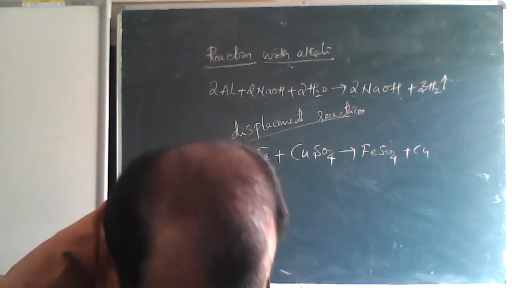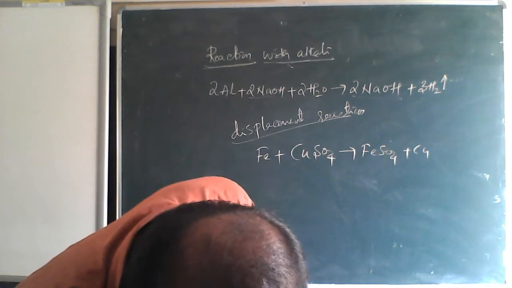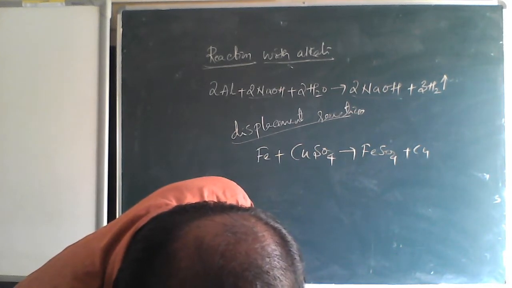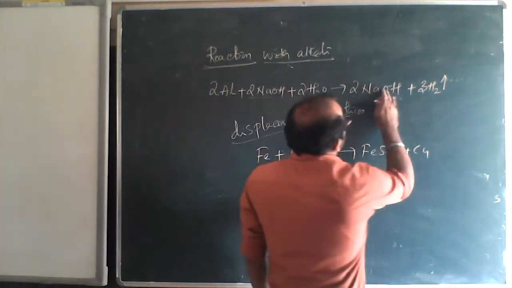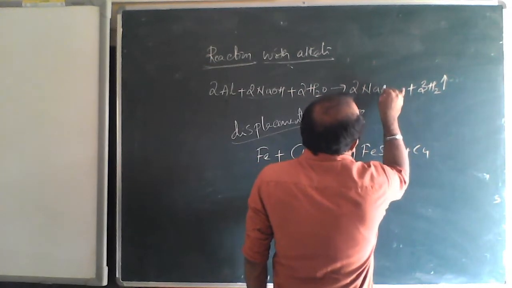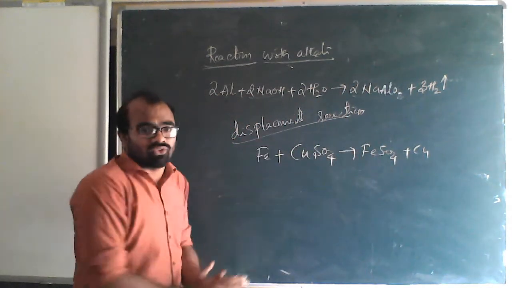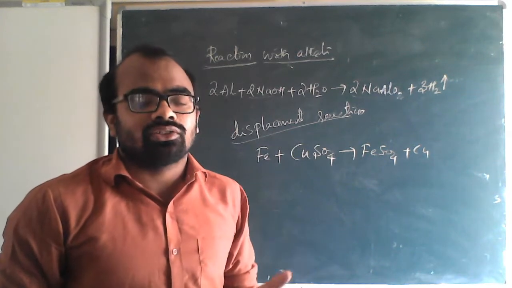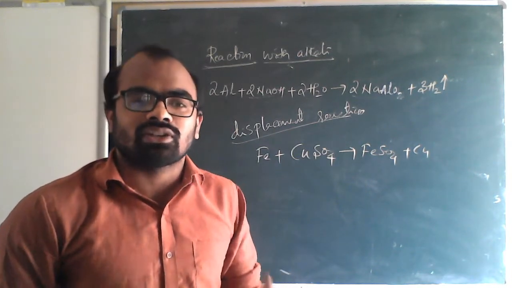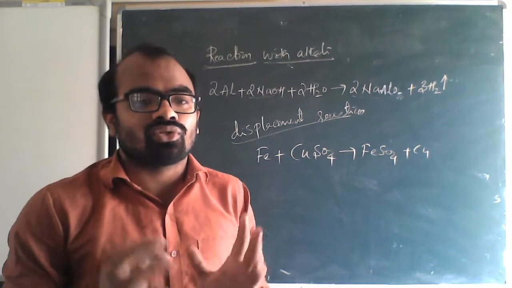So let me check. 2Al plus 2NaOH plus 2H2O will give me 2NaAlO2 plus 3H2. I had written it wrong. So this is the correct form. Always check. There might be some mistakes even in the textbook or while writing by the teacher. So you always have to concentrate.